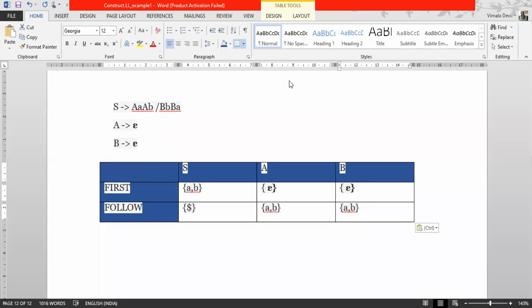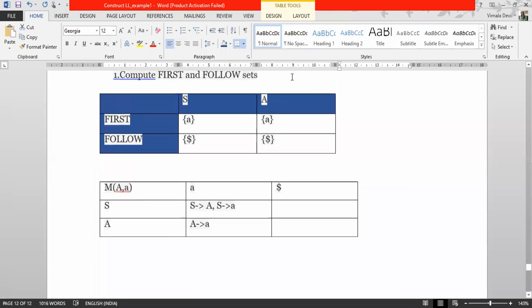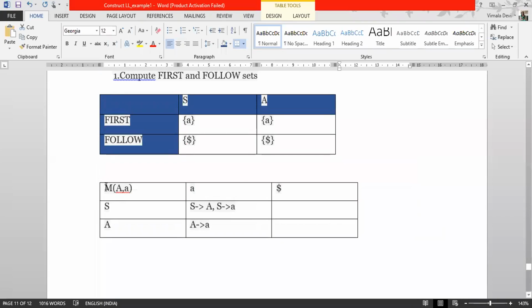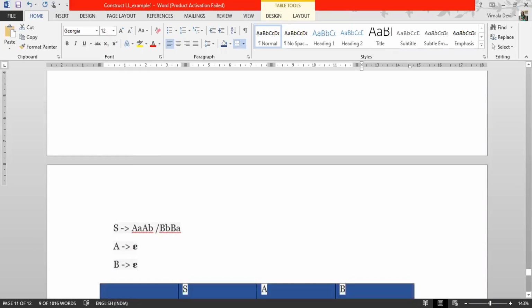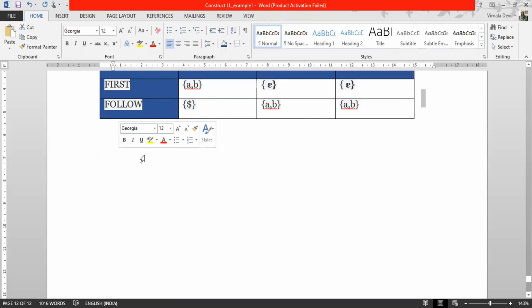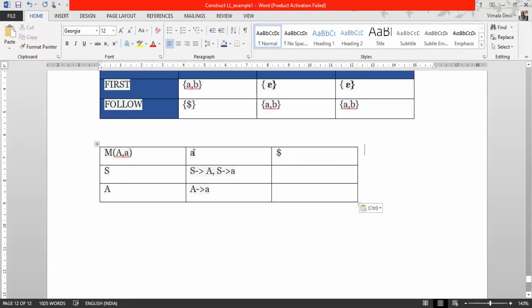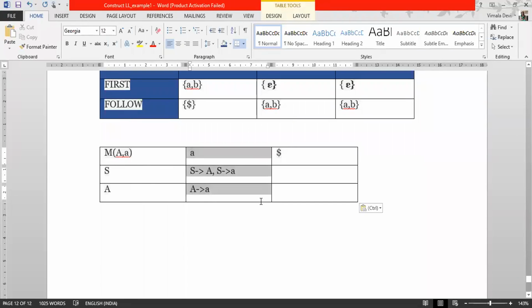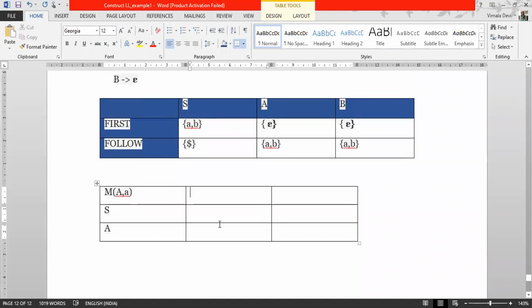Now go for the construction of the parsing table. Let me copy the same thing. Right, so what are the variables we have?